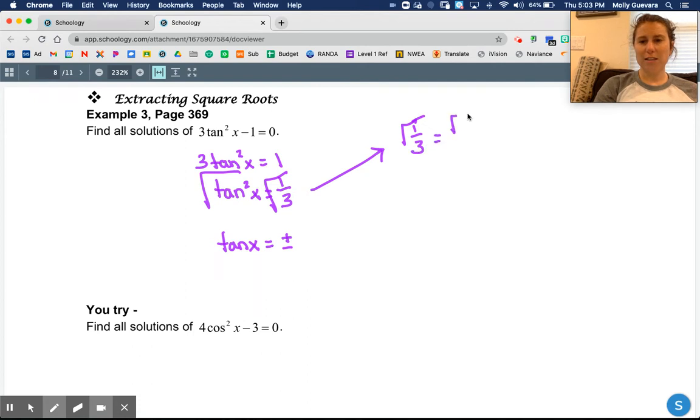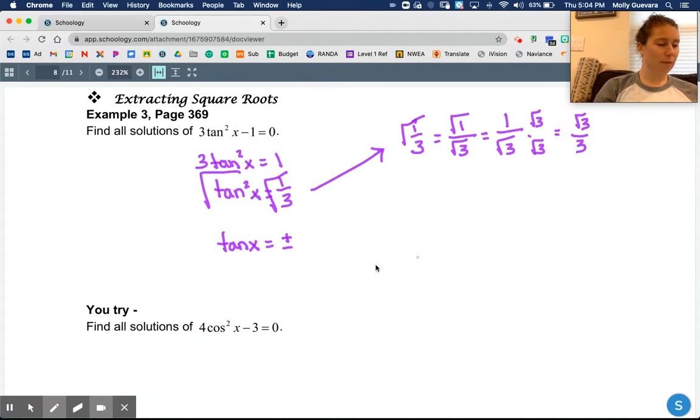That is the same thing as the square root of 1 over the square root of 3. Well, the square root of 1 is just 1, so I have 1 over square root of 3. I am not allowed to have a square root on the bottom, so I have to multiply by root 3 over root 3. So I get root 3 over 3. So tangent of x is equal to plus or minus root 3 over 3.